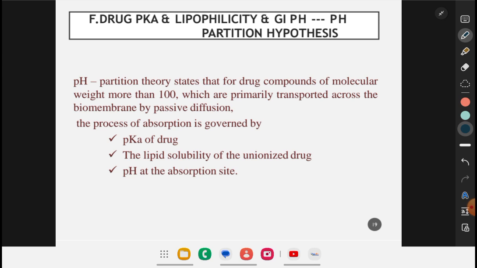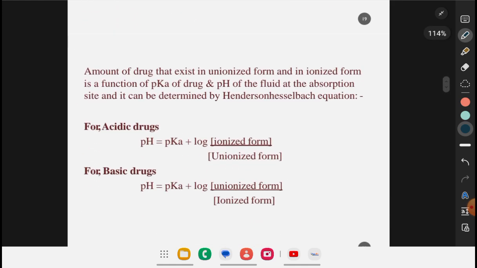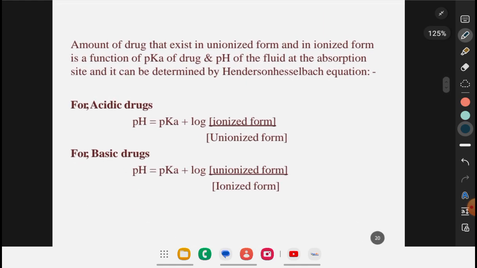The process of absorption is governed by the pKa of the drug, the lipid solubility of the drug, the unionized drug, and the pH of the absorption site. The amount of drug that exists in the unionized and ionized forms is a function of the pKa of the drug and the pH of the fluid at the absorption site, and can be determined by the Henderson-Hasselbalch equation.